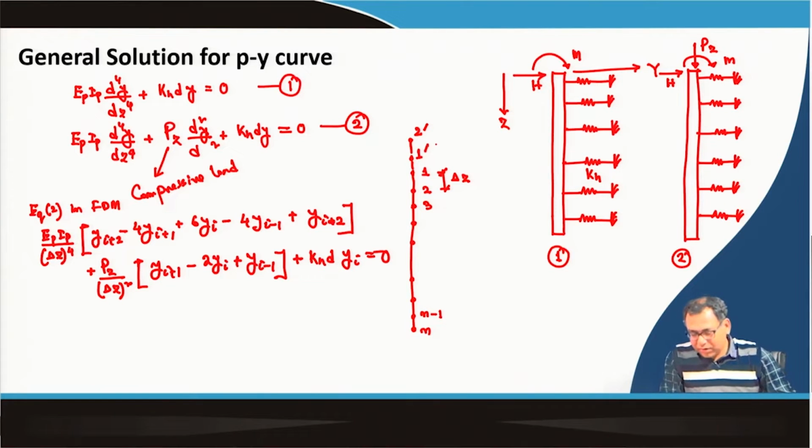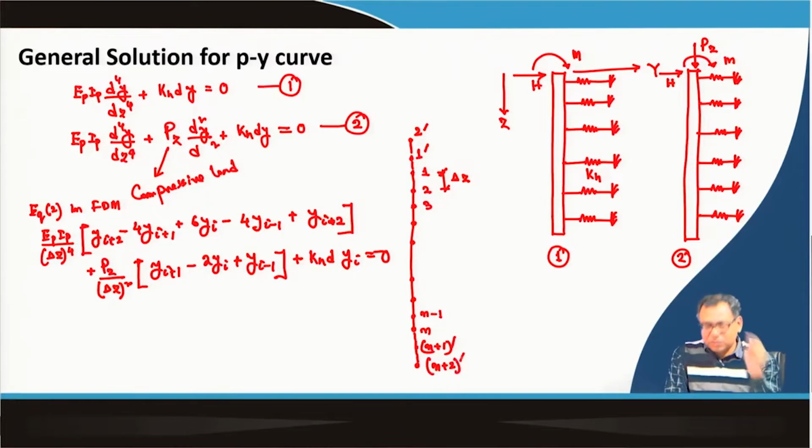For node numbers 3 to n minus 2, you can apply these equations, no issue, no imaginary nodes will be required. Here there will also be n plus 1 dash and n plus 2 dash. These 1 dash, 2 dash, or n plus 1 dash, n plus 2 dash are the imaginary nodes.